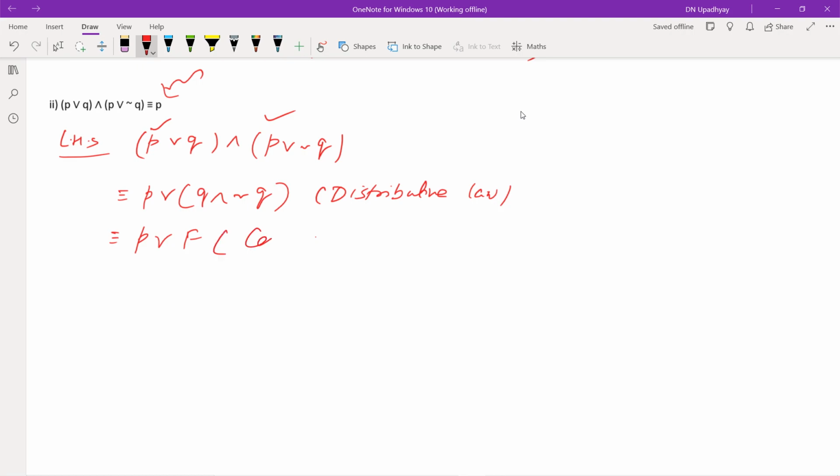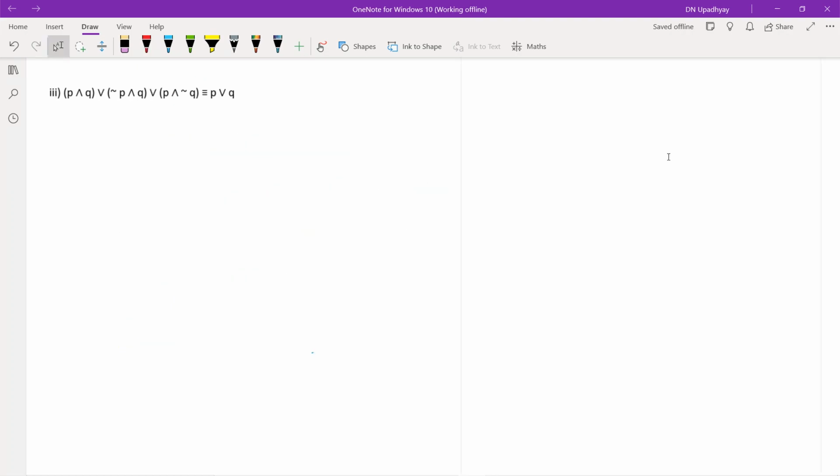After this, we can use Q and negation Q is nothing but only F. So P or F. So this is complement law. And something or P is the same thing, P. So this is identity law. Identity. So this is nothing but right hand side. So it is proved, right, without using truth table.